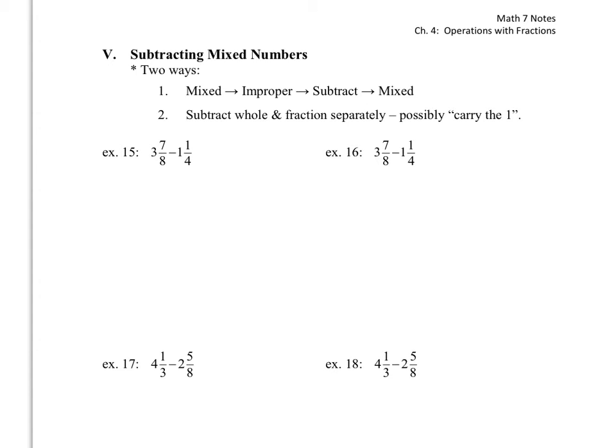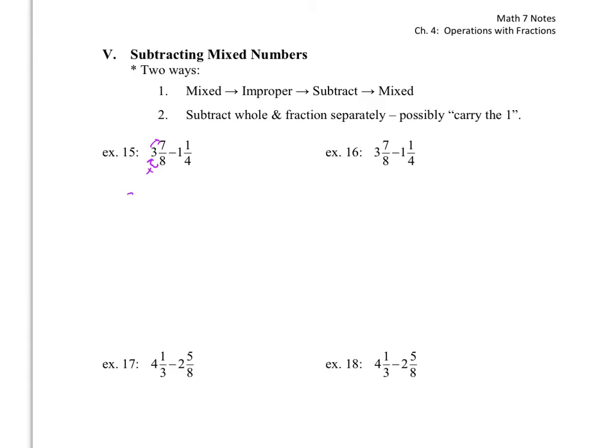So let's do an example. If you look at this, example 15 and example 16 are the exact same problems. So we're going to do them both ways so you can see how both ways work. Okay? We'll do the first way first. We're going to turn 3 and 7/8 into an improper fraction. You like to multiply here and then add this.